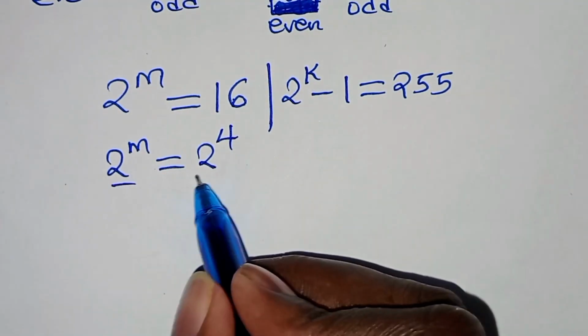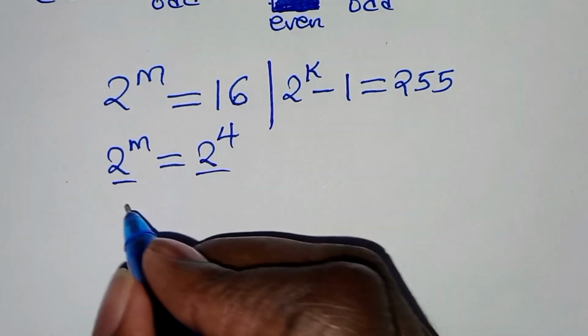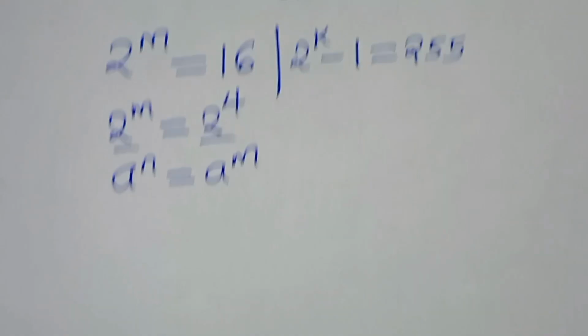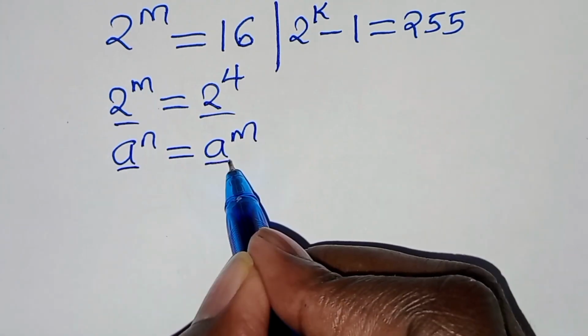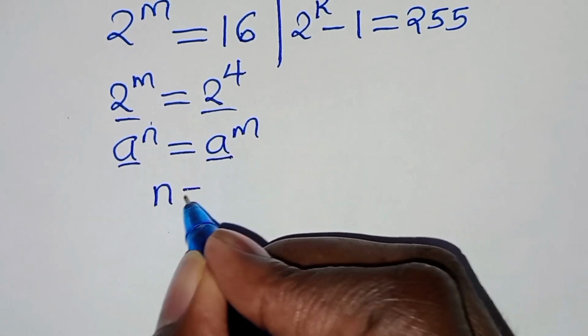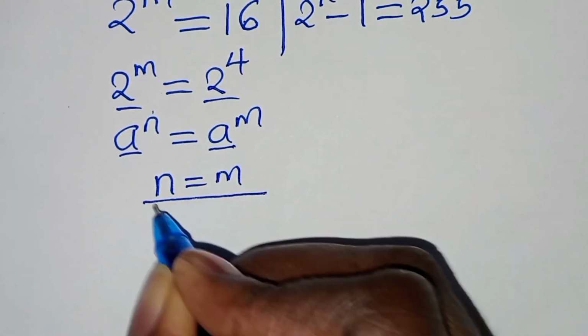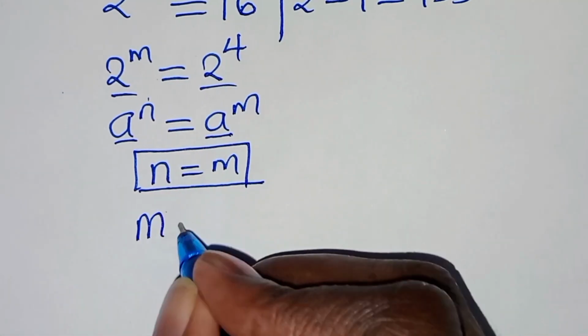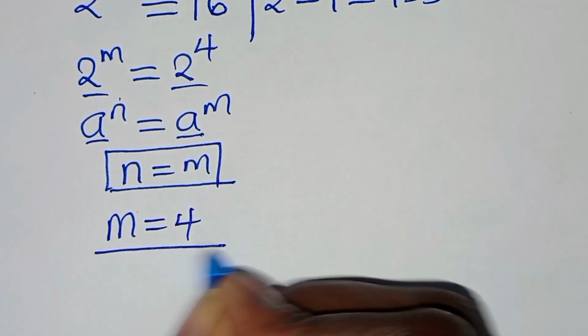Since the bases are common, that is a to the power n equal to a to the power m, the exponent n is equal to m. So applying this property, m is equal to 4.